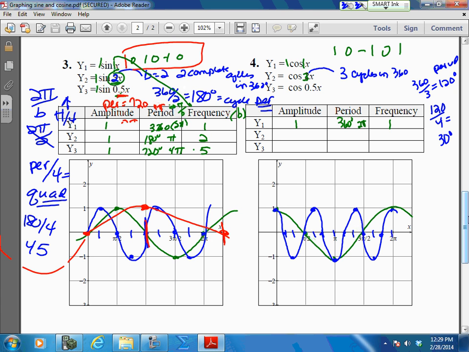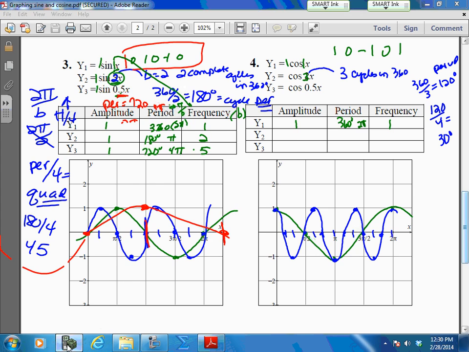So your period was every 120 degrees. 2 pi divided by 3 is 120 degrees. I think the degrees are easier to work in because then I'd have to take 2 pi divided by 3, divide that by 4, which will give you 2 pi over 12, which reduces to pi over 6, which is your 30 degrees. In your calculator, also easier to work in degrees.